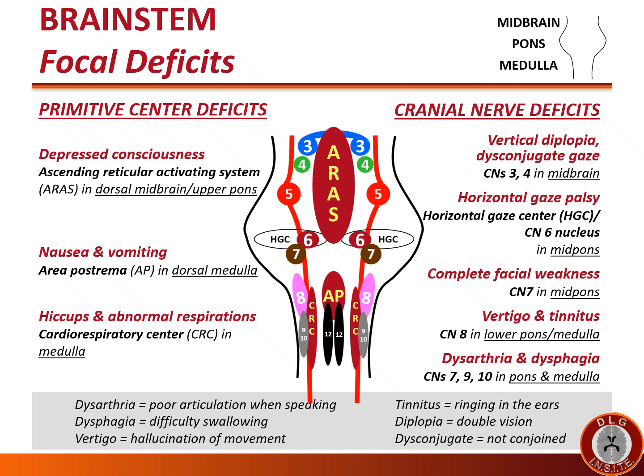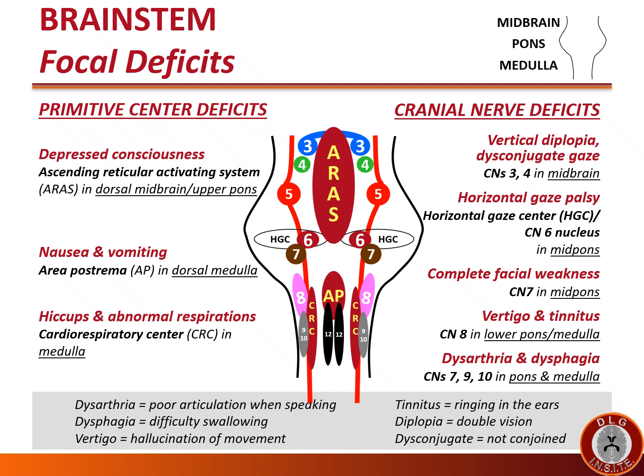The most prominent of the primitive centers in the brainstem is the ARAS, ascending reticular activating system, in the dorsal midbrain and upper pons. Lesions in the ARAS cause depressed consciousness. It is the consciousness center.